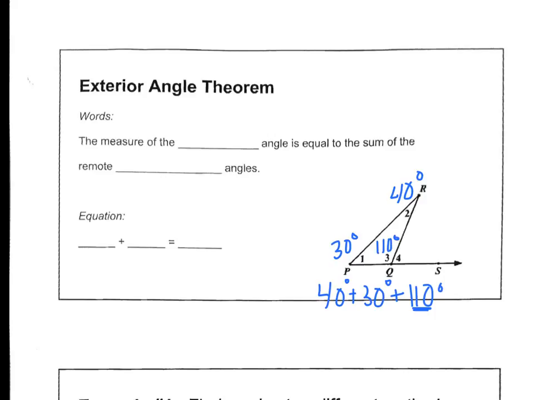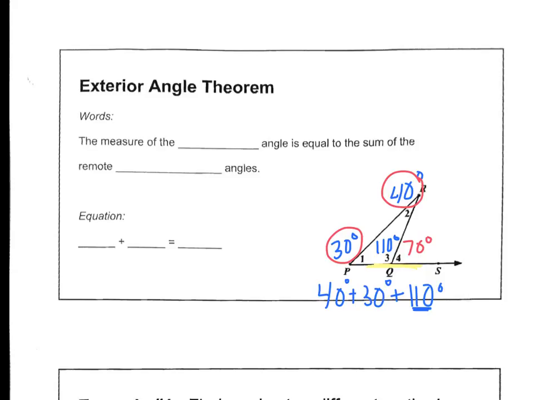Well, I know that angle 3 and 4, they're neighbors, so they both have to add up to 180. So angle 4 has to be 70 degrees, which is the same thing as angle 1 and angle 2 added together, because those angles are supplementary.